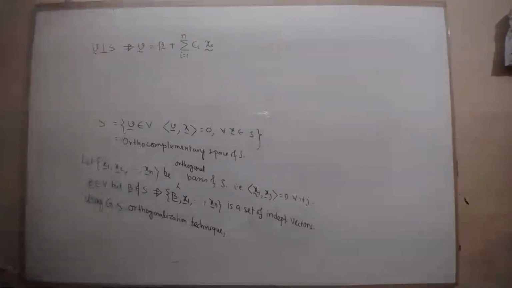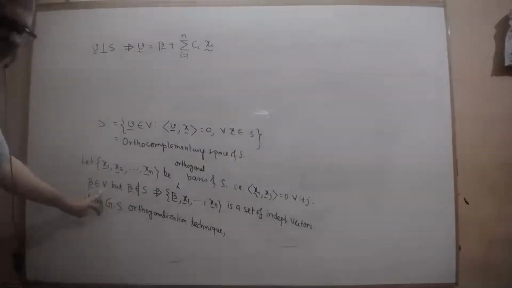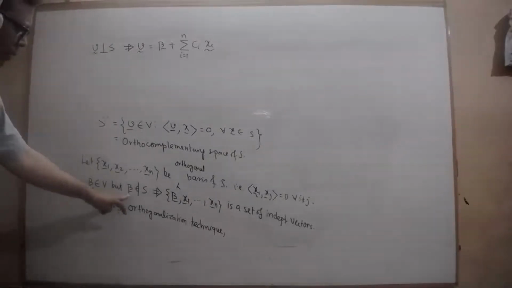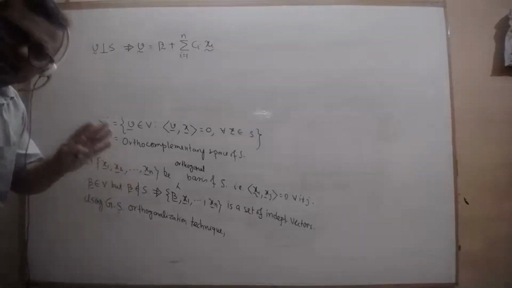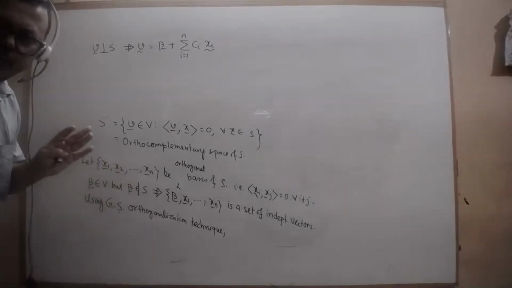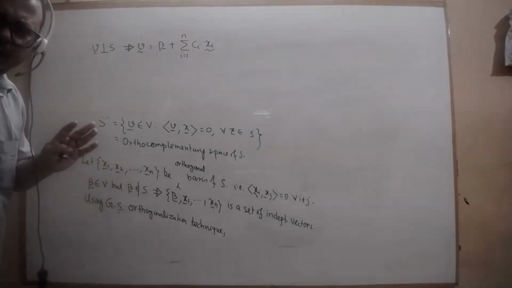Ankun, beta belongs to V, but beta does not belong to S. Is it possible or not? If it is possible, then tell me why.